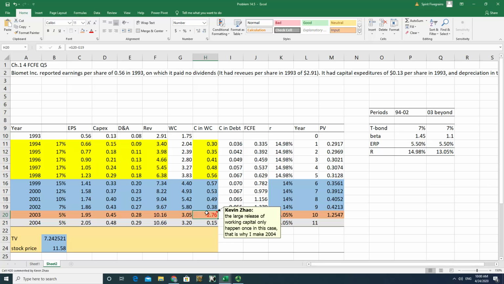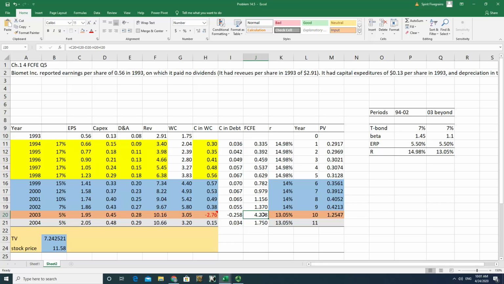So when you calculate change in working capital, you get a negative number. Be careful about that, because this number means release of working capital into your free cash flow to equity. So previously in year 2002, that is $1.37, but in year 2003 it jumped to $4.28.